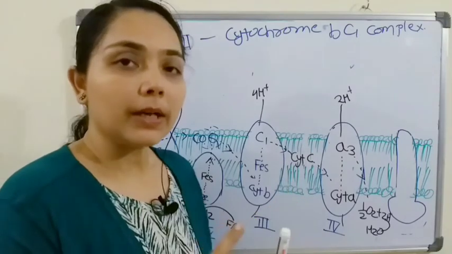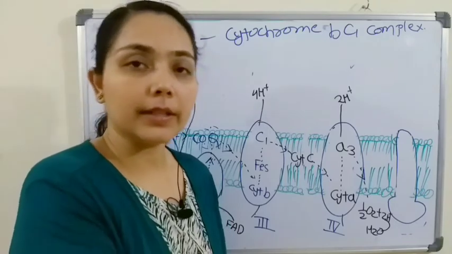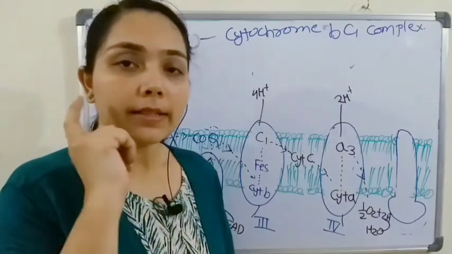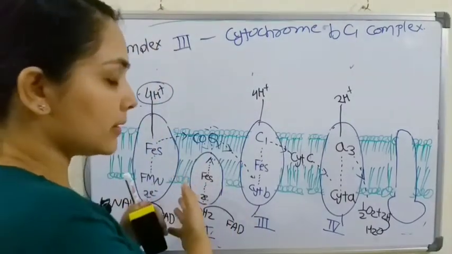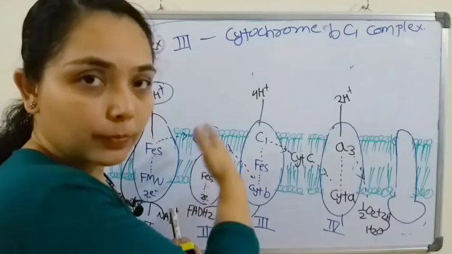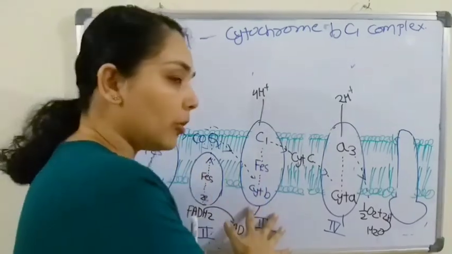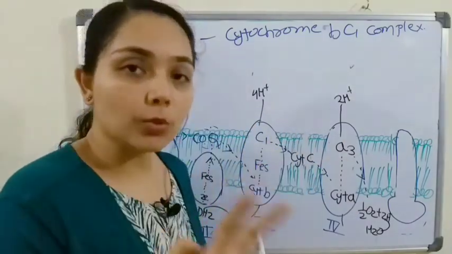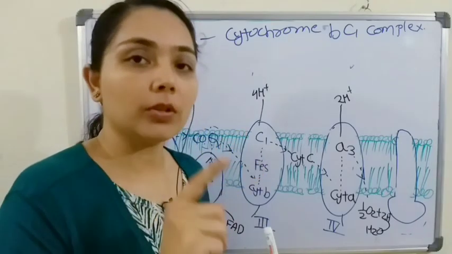One more thing, which we'll discuss in the next class, is that cytochromes accept only 1 electron. In complex 1 and complex 2 it is a 1-step process, but in complex 3 the electrons will transfer in 2 steps, which is known as the Q cycle.